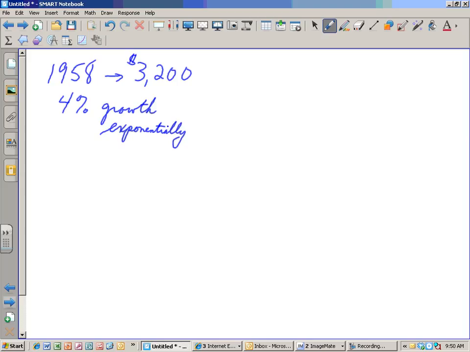Okay, so I'm going to give you a formula. And that formula is, and I want to give the same letters that are in the book. And this is real easy. This is just a formula that you plug into your calculator. The cost is equal to A. I don't know why they use the letter A, but that's the original cost of the car, or anything, times 1 plus R raised to the T power.